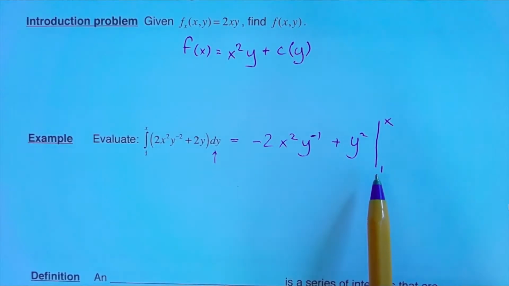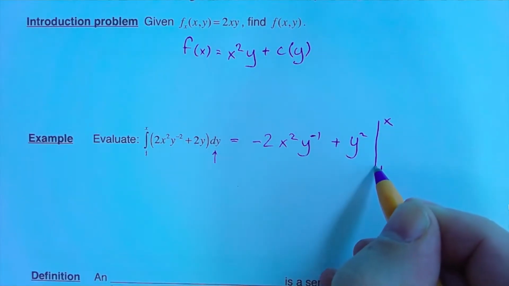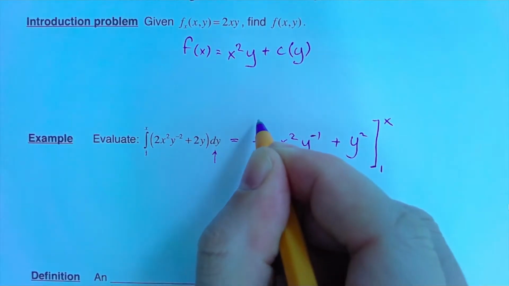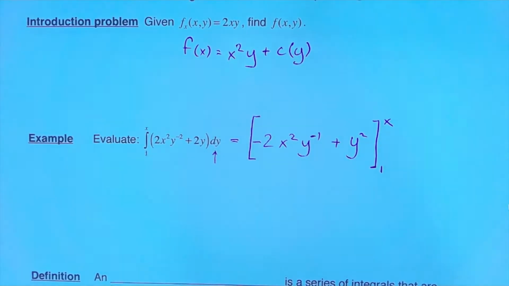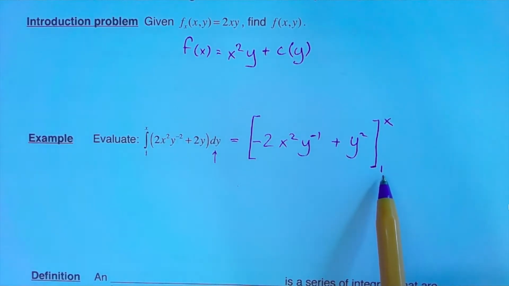You can write it with a bar like that. If there's no confusion possible, that's great. If it helps, for clarity's sake, you can put brackets like this and leave your limits of integration like that.